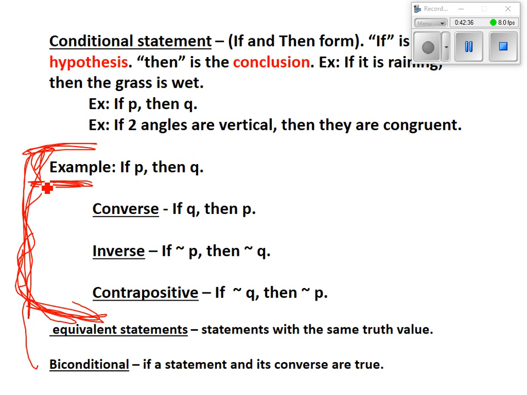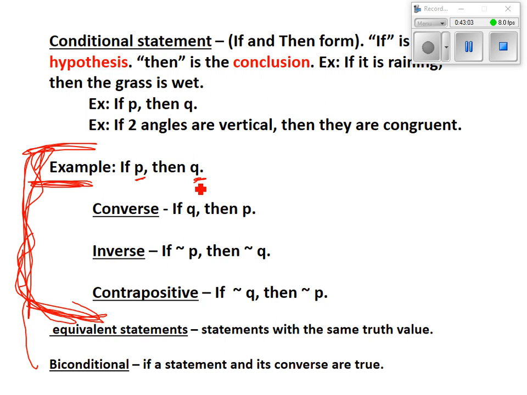We probably do want to deal with that example. I put that example on there just as an easy conditional statement. If P, then Q. What's our hypothesis in this statement? P. What's our conclusion? Q. All you're going to do with converse, inverse, and contrapositive is move the stuff around and switch the statement up a little bit.